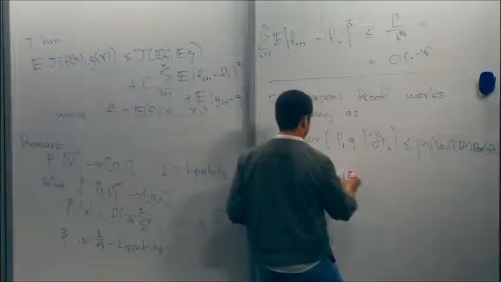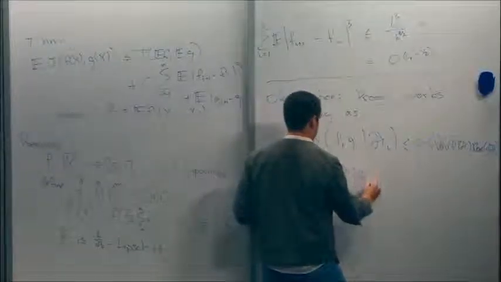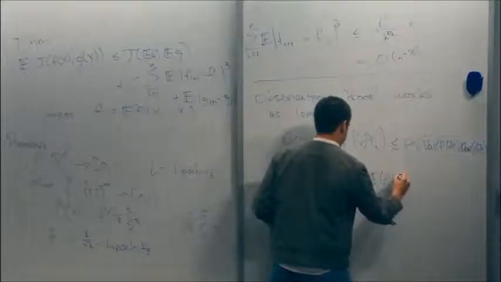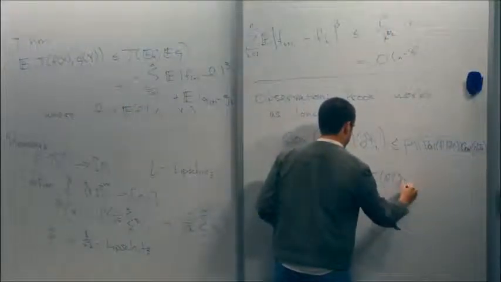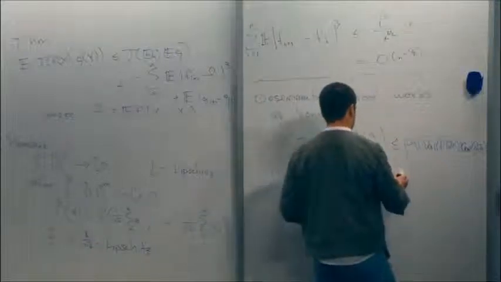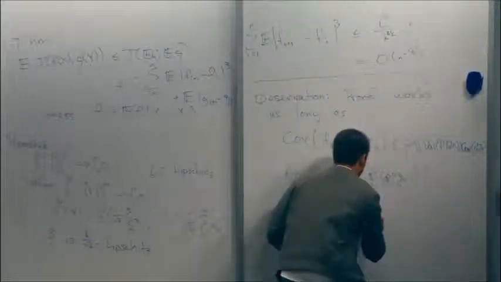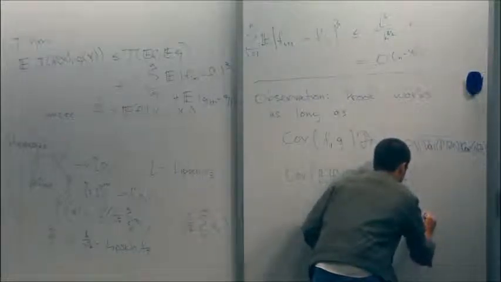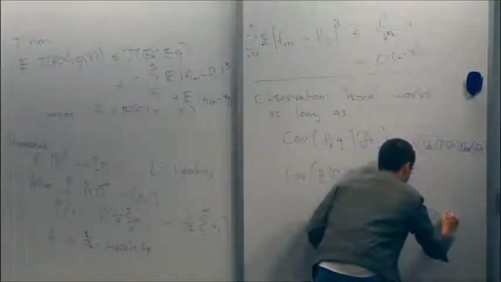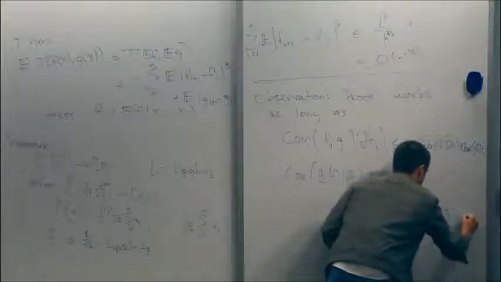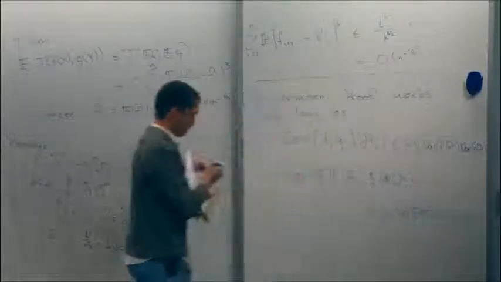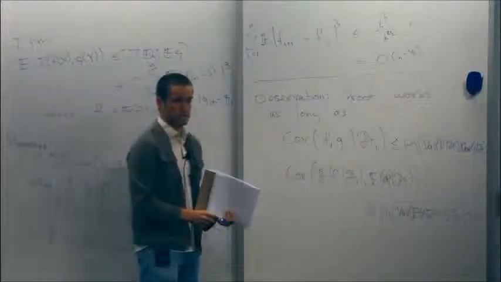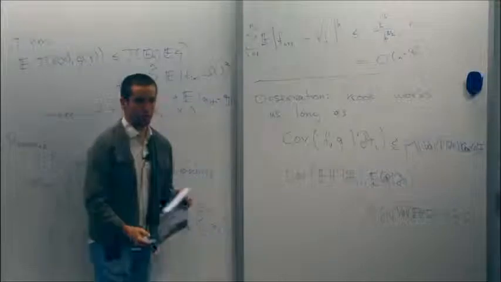So basically I'm saying that these two row correlation hypotheses are essentially all that I needed for the proof to go through.